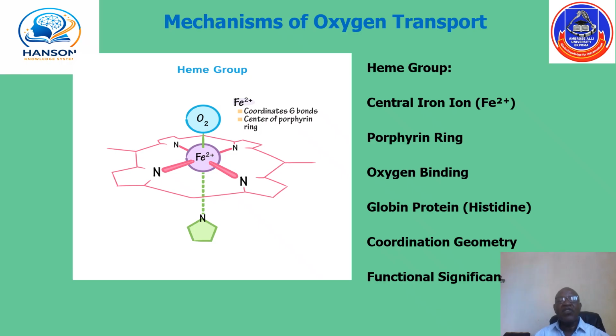Now let's talk a little about the porphyrin ring. The porphyrin ring actually has 4 nitrogen atoms. These nitrogen atoms are the ones that actually hold the ion in the center to provide a stable bonding platform.